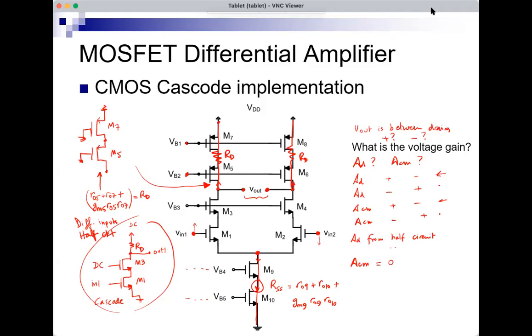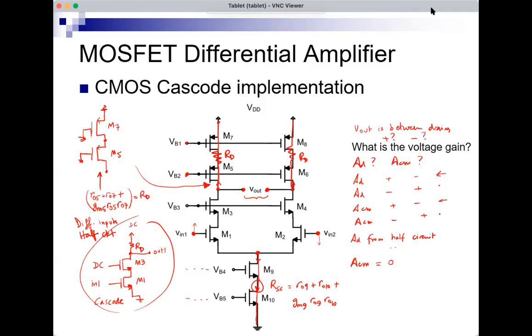I don't need to calculate anything. AD is another story. For AD, you would have to go back to the cascode formulas and calculate it, but it's just a couple of lines of equations, no big deal.